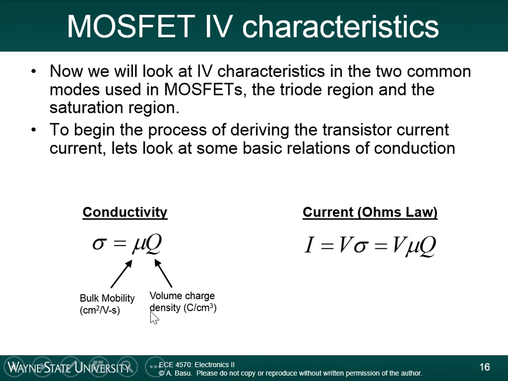These are all relationships we saw earlier. We're also bringing back V equals IR. Another version of this formula is I equals V times the conductance, and the conductance is equal to mu times the volumetric charge density.